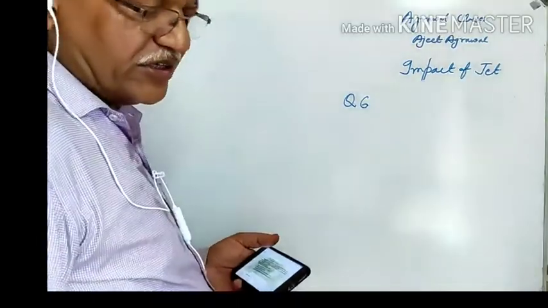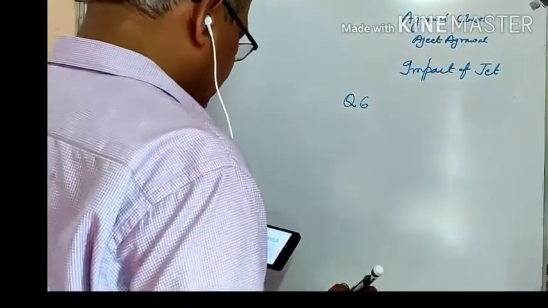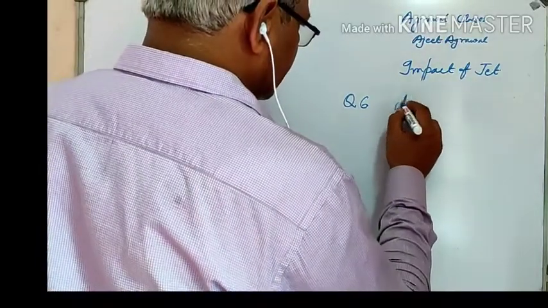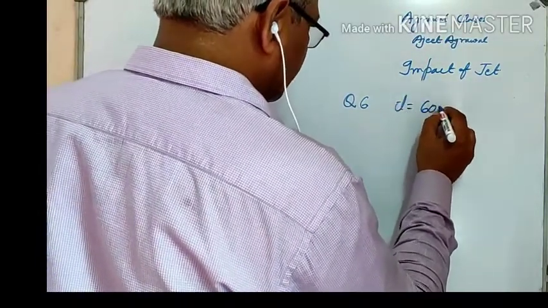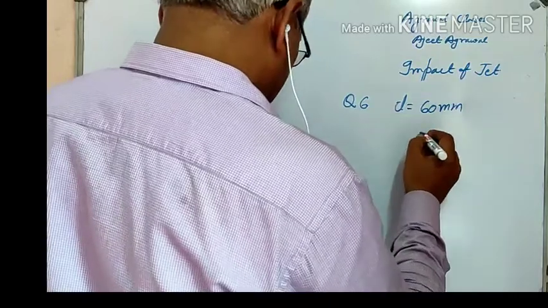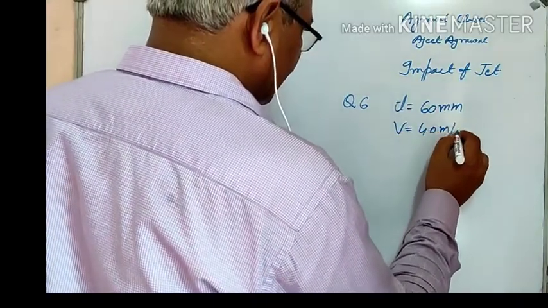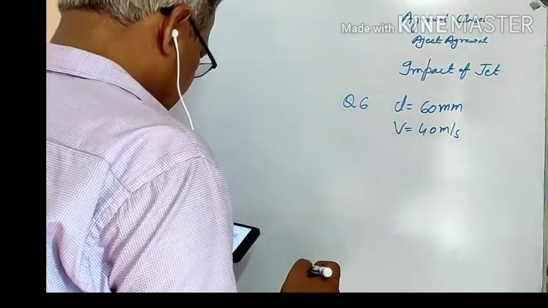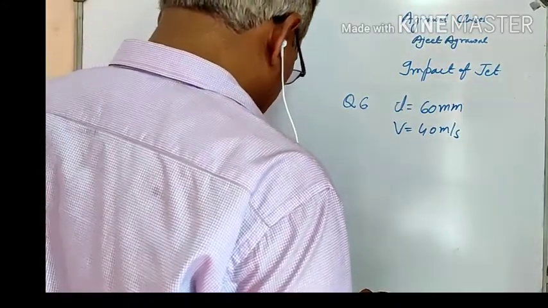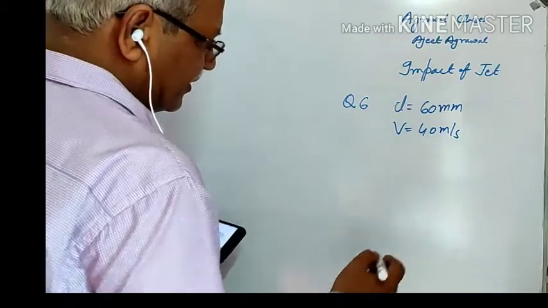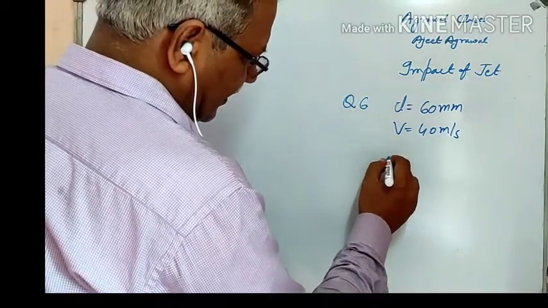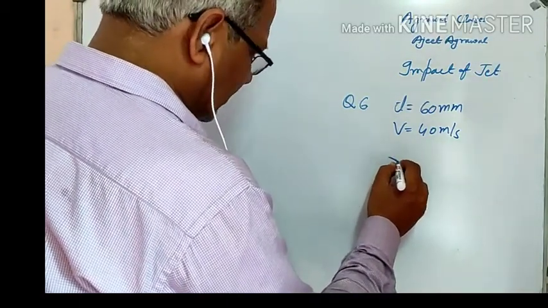In question number 6, it is given that the diameter of the jet is equal to 60 millimeter and the velocity of the jet is 40 meter per second, and the jet strikes the plate tangentially at one end and goes out with the other end.